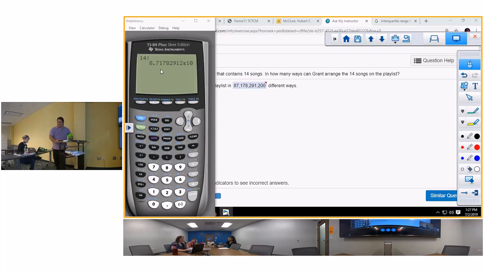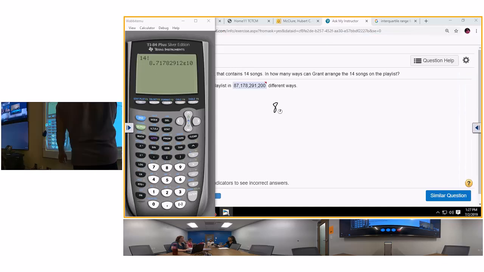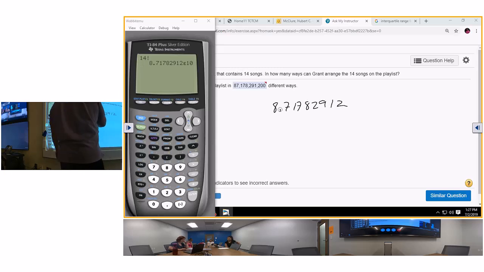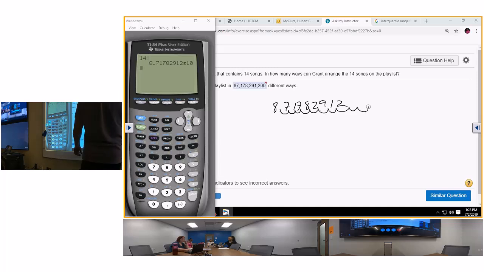So let's do what it says. 8.71782912 and 10 decimal points to the right. 1, 2, 3, 4, 5, 6, 7, 8, 9, 10. There's your answer.